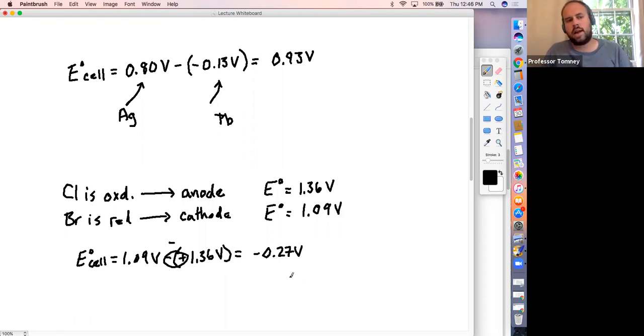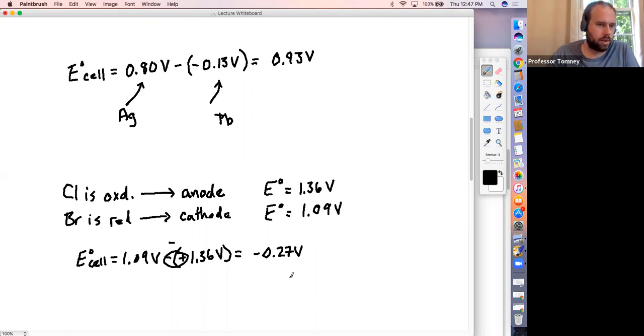Now the question did not ask this. However, there have been questions previously that have asked, is this a spontaneous reaction? So you could determine that from delta G. You could also determine that from your E cell. So at this point, you could make a determination and the answer would be no, because it's a negative voltage in the way that it's set up. So in order for a redox reaction to be spontaneous in generating electrical current, you cannot have a negative voltage for the cell potential.